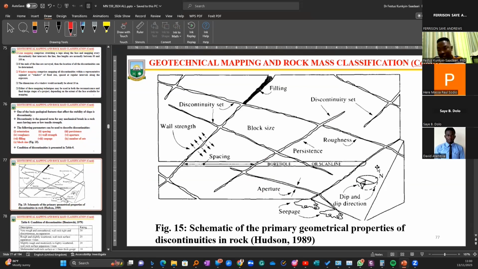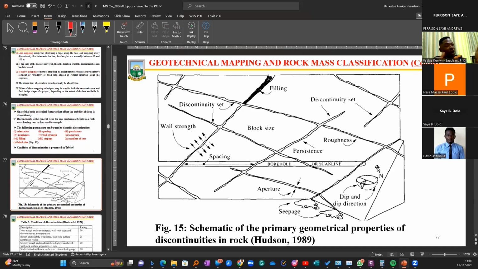So we can look at the aperture, the depth, the orientation, the other orientations that may occur within the rock samples, the discontinuity sets that exist there. If I have a discontinuity and another discontinuity, what are the types of them that we can see on the surface?